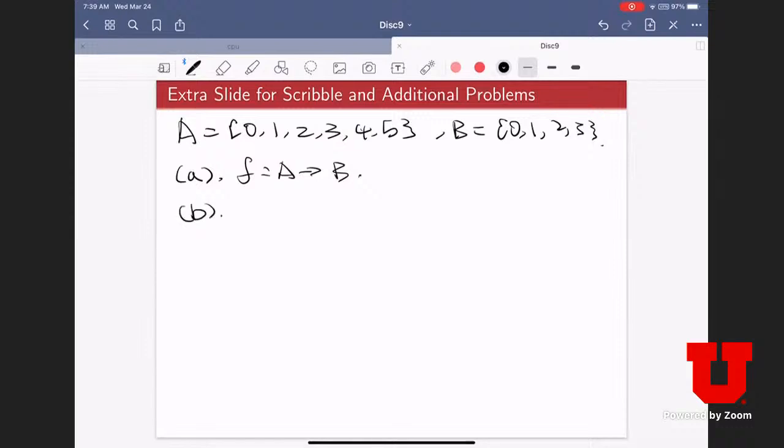And part B says there's no possible function f from A to B that is onto. Well, this one is false. I can actually construct a function like that.